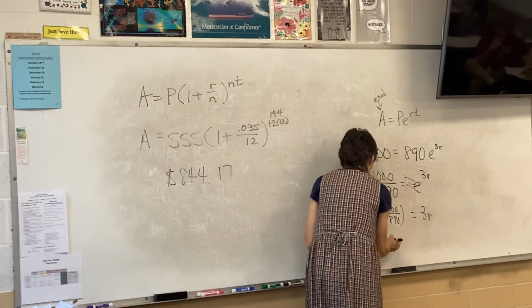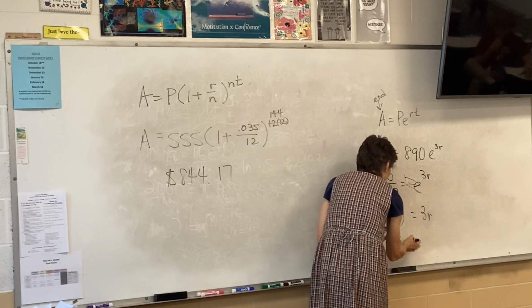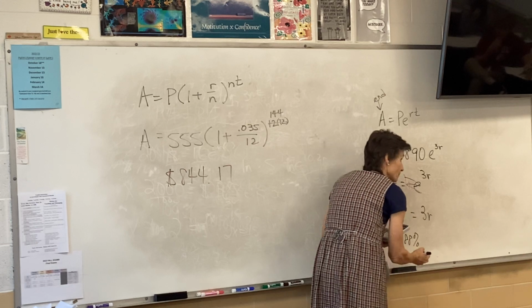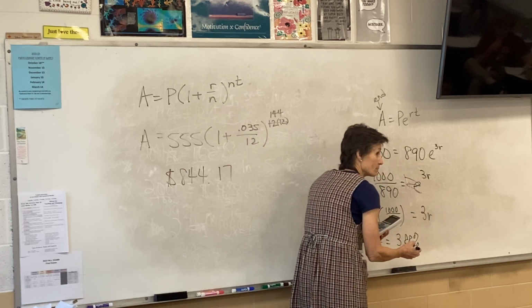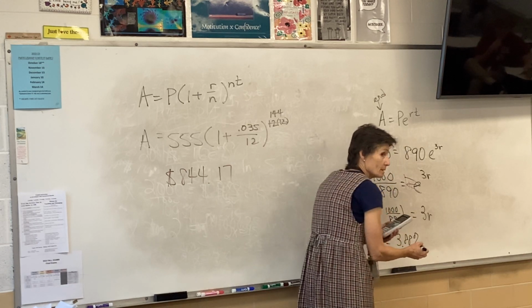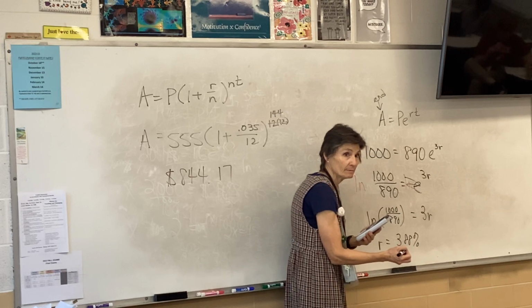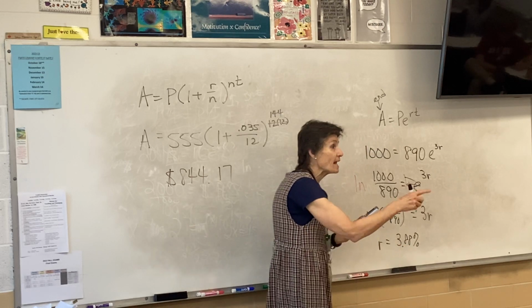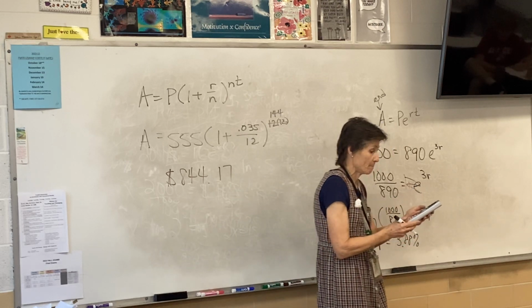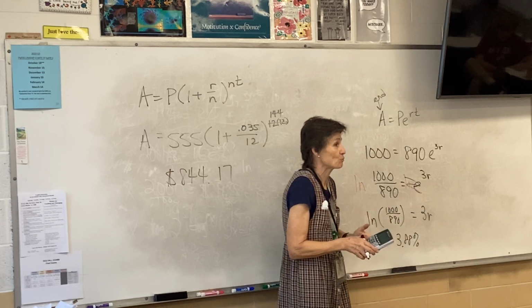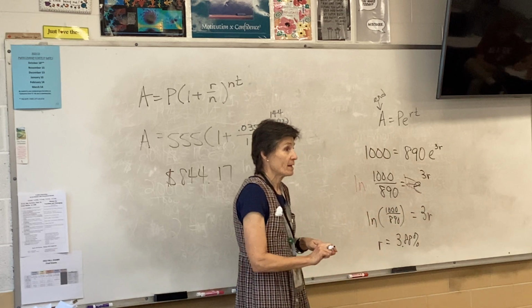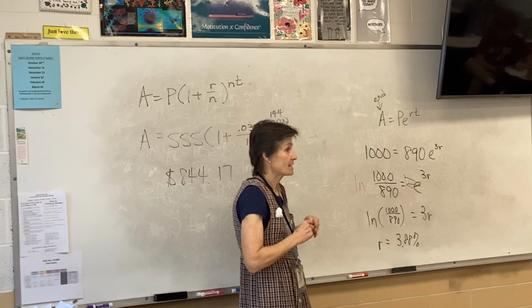I got r equal to about 3.88%. Did you get 0.0388? Yeah. Okay, so that percent would be 3.88%. That would be your interest rate that your bank would need to give you to make this happen.